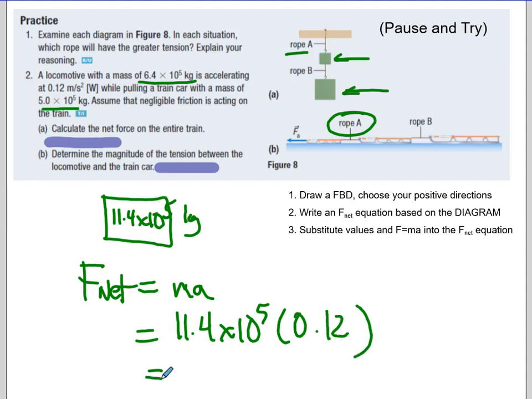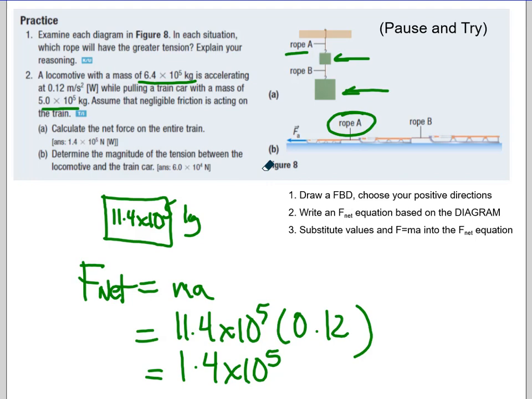Okay, and we get 1.4 times 10 to the 5th. Sound about right? I'll trust the book. Okay, determine the magnitude of the tension between the locomotive and the train. Okay, so again, we would model that just like the sled problems. I'm going to skip it for now. And we should get 6 times 10 to the 4th.